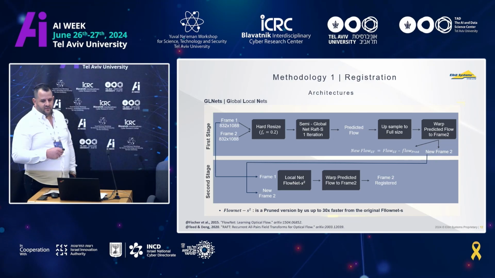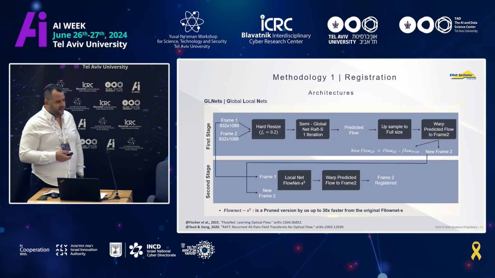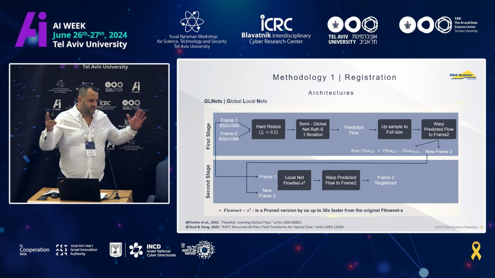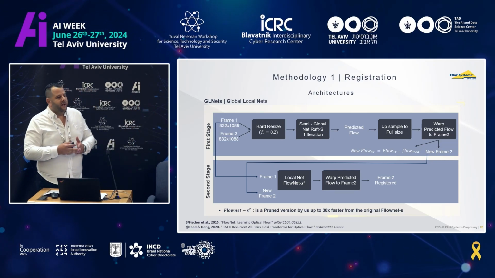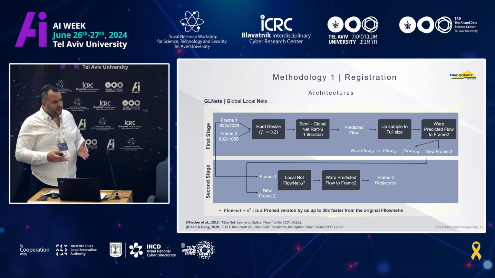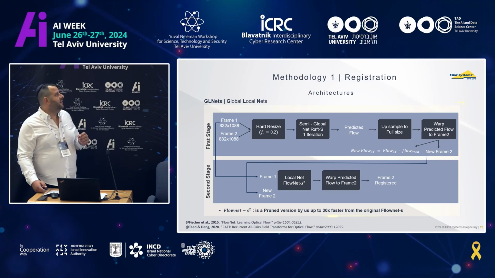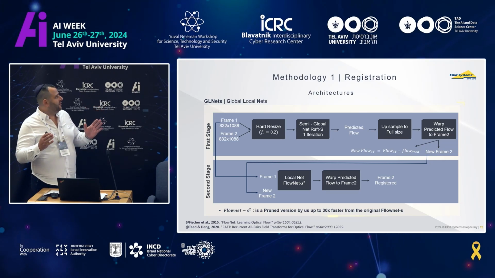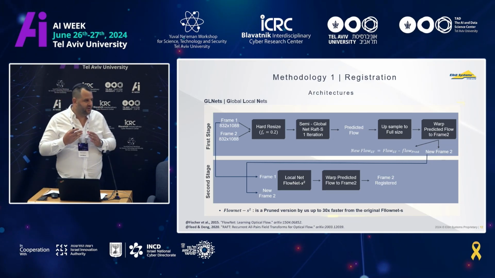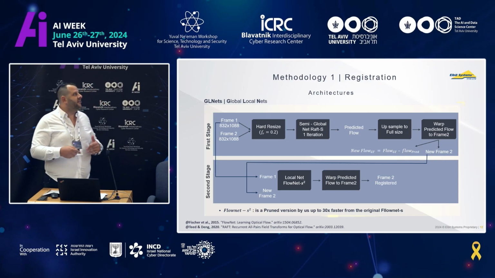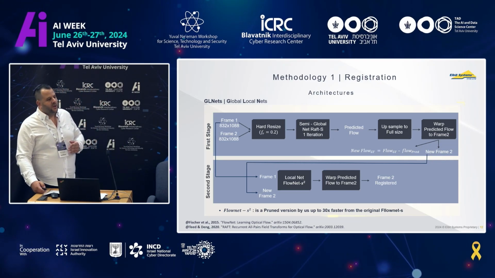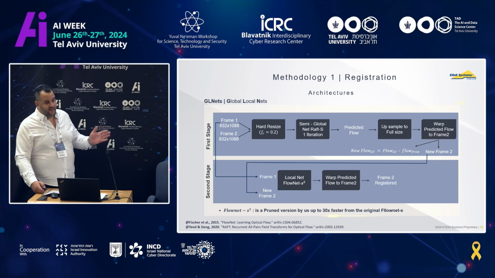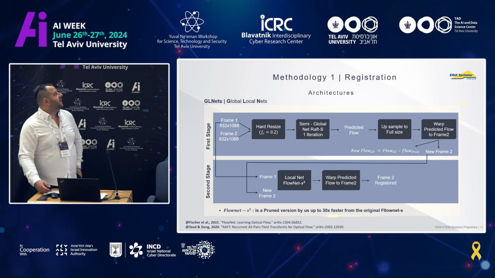The big motivation is to run on low-power hardware that is not a GPU. The second motivation is that first we reduce the gap between the two frames, and then in the second stage, with the local network, we do the movements that are needed and fix the wrong movements from the first stage.